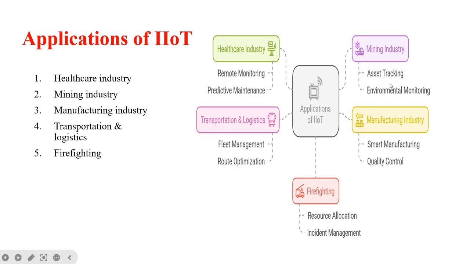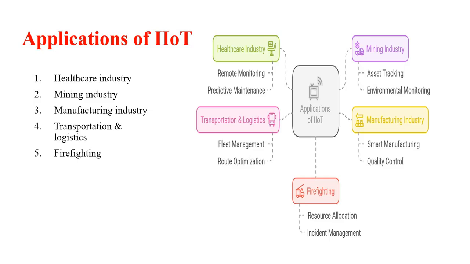Then in the mining industry, you will have predictive maintenance of heavy machinery in order to prevent breakdowns, and real-time monitoring of worker safety and hazardous conditions. Then you have manufacturing industries, where smart factories with automated production lines and quality controls are required, and energy optimization and predictive analytics for machine maintenance are also required.